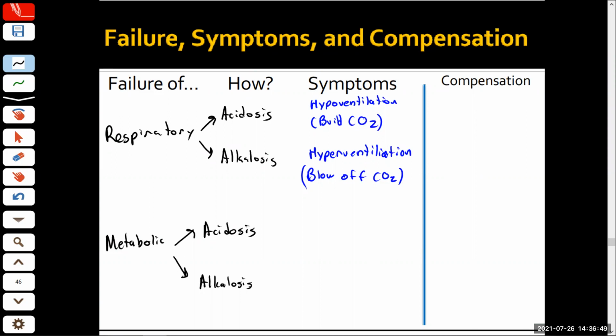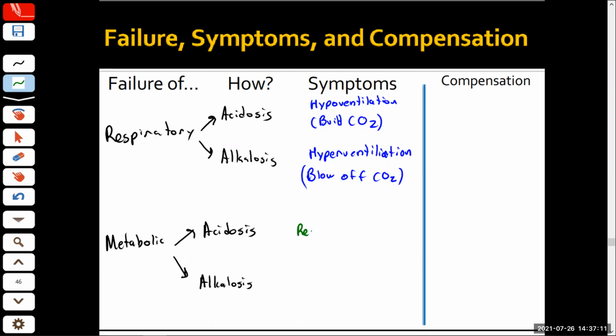Metabolic acidosis, what's failing? Kidneys. So where should I look for symptoms? Kidneys. If I am acidotic, that means I am holding on to whatever's making me acidic. What does the kidney handle that is acidic? Protons.